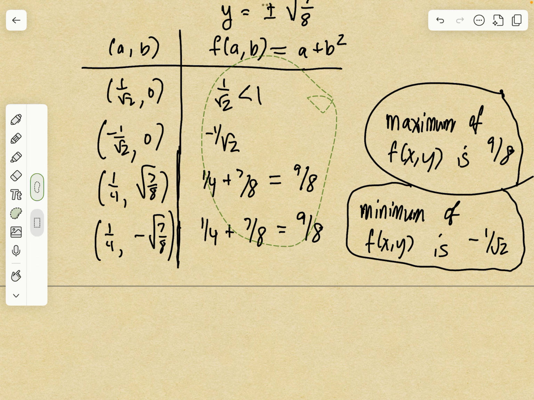It's going to be one of these numbers. Because if you think of f of xy as the temperature at the point xy, it's saying what's the hottest temperature, what's the lowest temperature. We want values that are actually going to be temperatures, values of the function. The question isn't asking for the points. So the final answer is the maximum is 9/8 and the minimum is negative 1 over root 2.